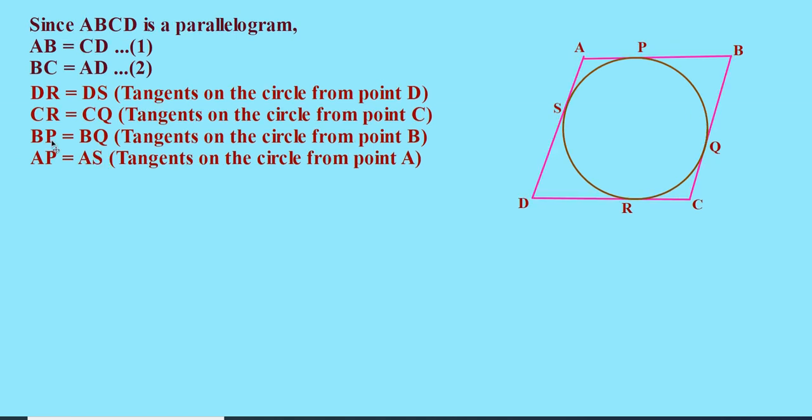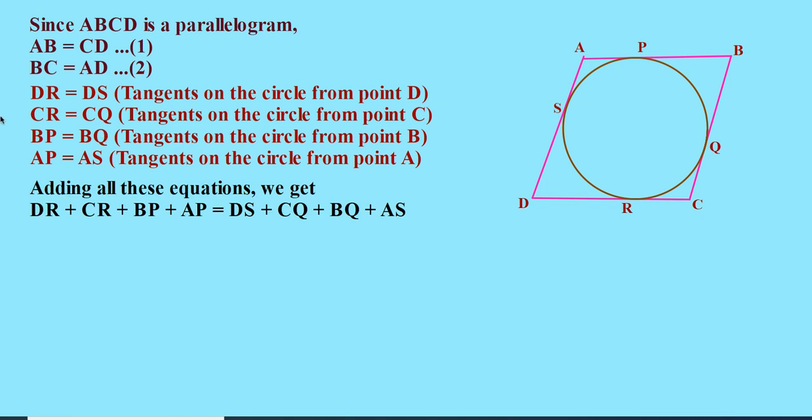Adding all these equations, what will you get? We get DR plus CR plus BP plus AP, that is the LHS, is equal to DS plus CQ plus BQ plus AS.